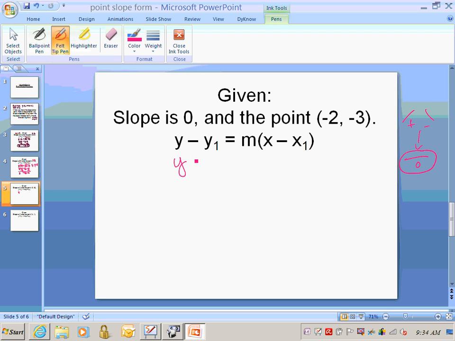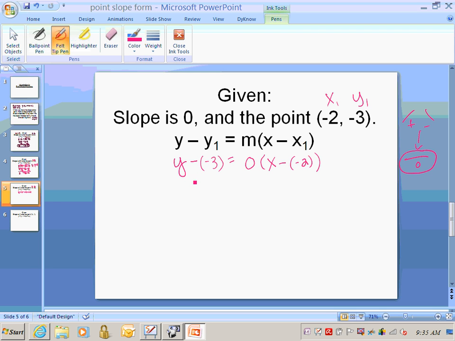Y minus negative 3. Good. So you have x1, y1 equals 0 x. Very good. Okay, let's simplify.